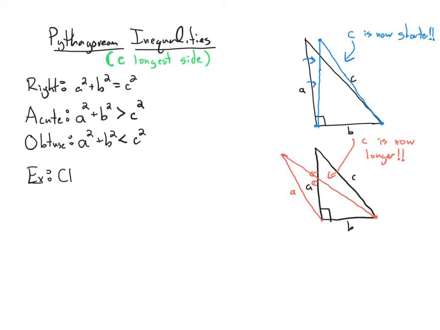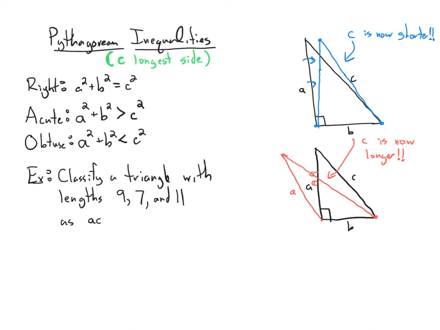Let's classify a triangle with lengths, let's say 9, 7, and 11 as acute, obtuse, or right. Okay, so all we need to do this is use our formulas above.